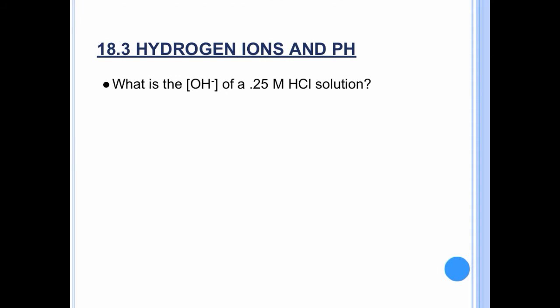What is the OH concentration of a 0.25 molar hydrogen chloride solution? So same basic idea here. We've got 1 times 10 to the negative 14th equals the concentration of hydrogen times the concentration of hydroxide. Now, since we've seen already that hydrochloric acid is a strong acid, that means we can assume that the concentration of the solution is equal to the concentration of the hydrogen ions, because all of those HCl's are going to dissociate and give you hydrogen ions.